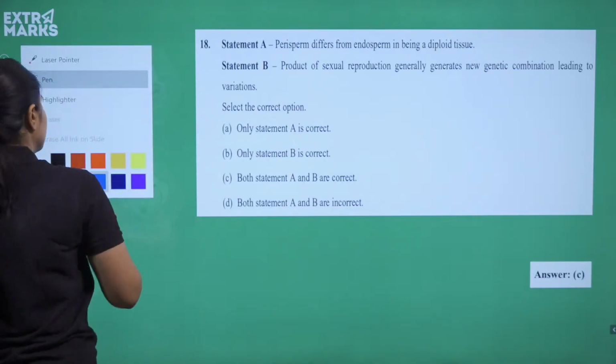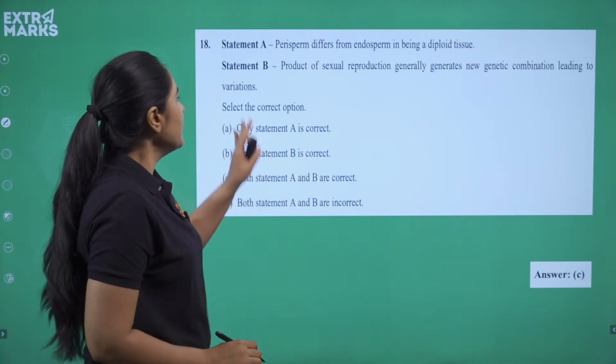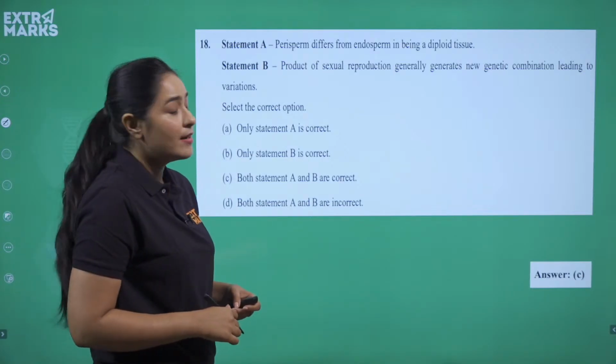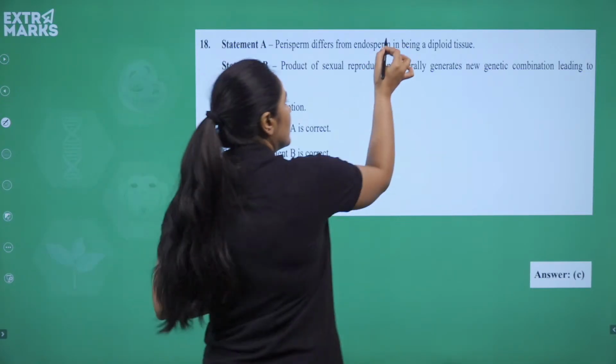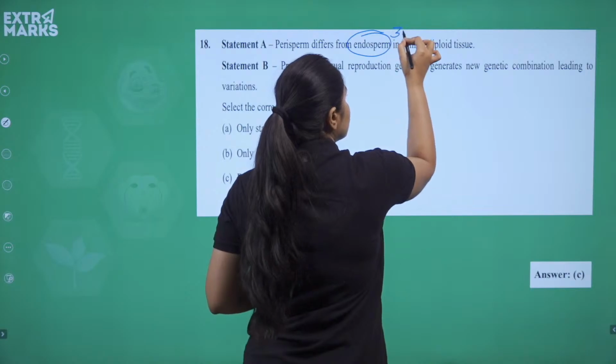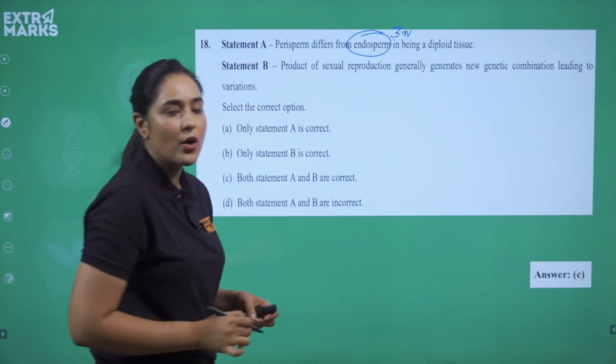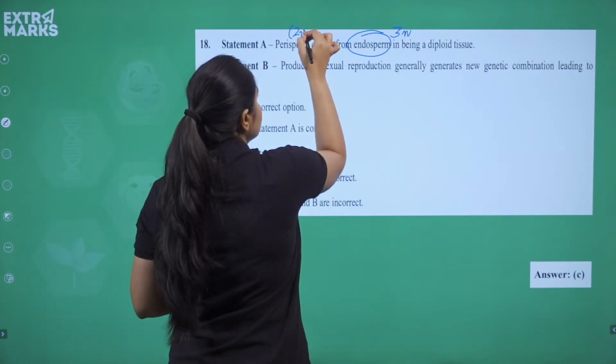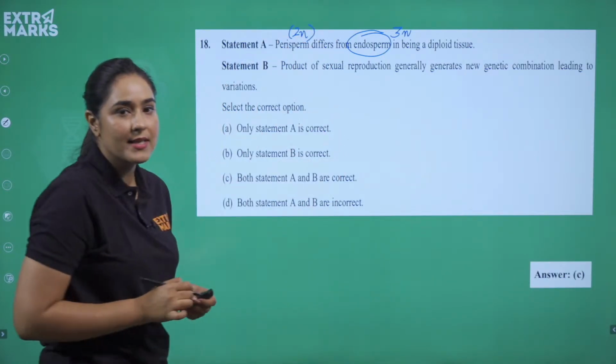Another question here. Statement A says that perisperm differs from endosperm in being a diploid tissue. So if we talk about the ploidy of endosperm, it is 3N, triploid. And if we talk about the perisperm, which is nucellus, we can say it is diploid. So this statement is correct here.